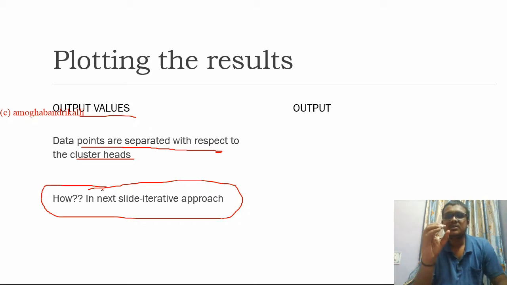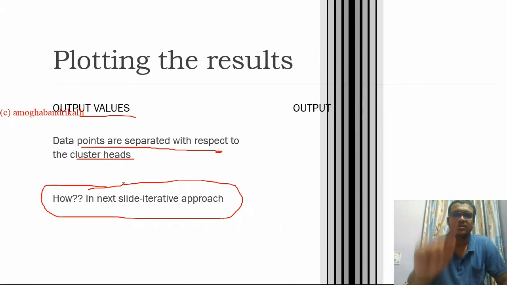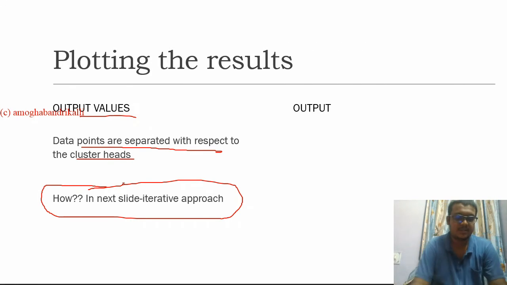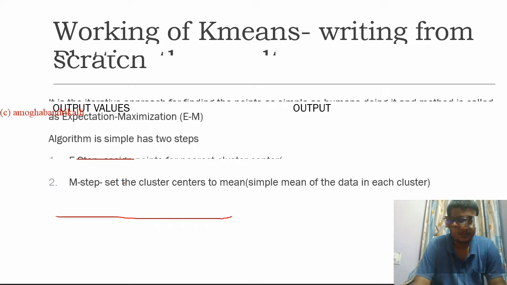Iteration means for one cluster head, the first iteration is going to happen. After finishing this first iteration, the cluster head's radius will be enhanced, and again the mean will be computed. This iterative approach is known as expectation maximization.